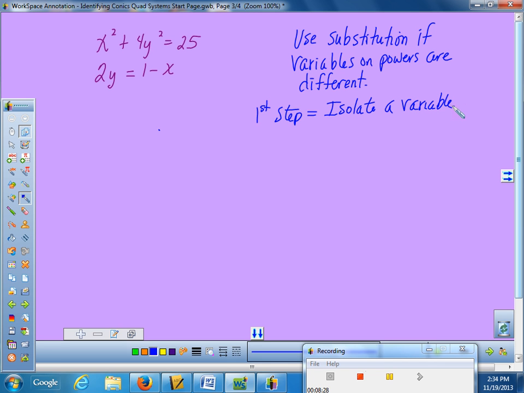No, because you'll have to square root it, and you'll end up with a square root of some icky quantity. It will be horrible. So isolate a variable to the first power. Don't pick one with a second power on it. It might lead you into some algebra we haven't even learned yet.